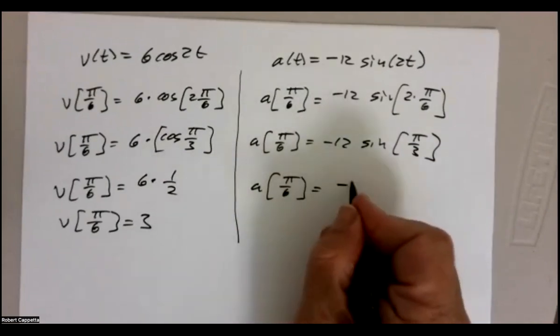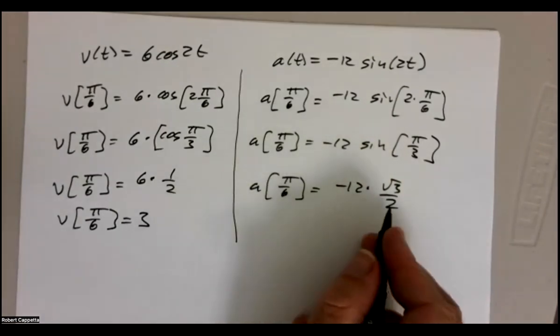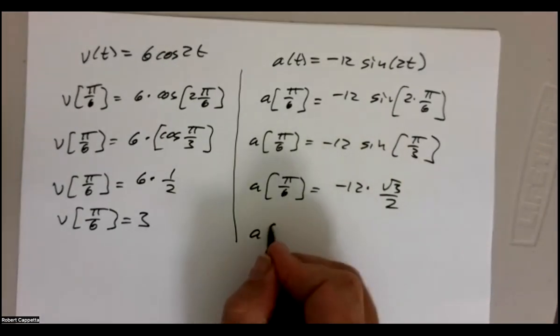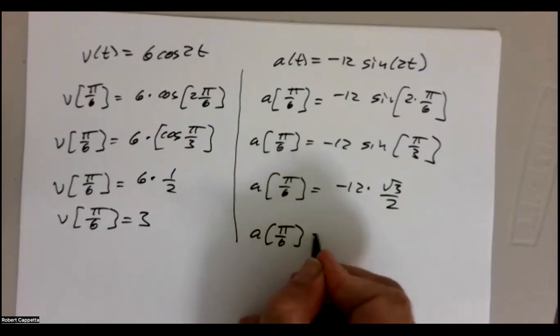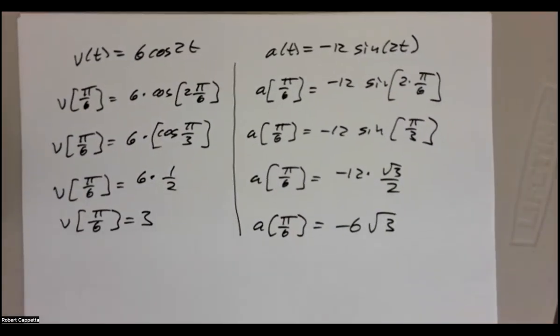So a of pi over 6 is -12 times √3 over 2. -12 over 2 is -6. Acceleration at pi over 6 is -6√3. So please memorize your basic trig angles: 30 degrees, which is pi over 6, and 60 degrees, which is pi over 3, for sine and cosine. Then you can build all the others as you go.